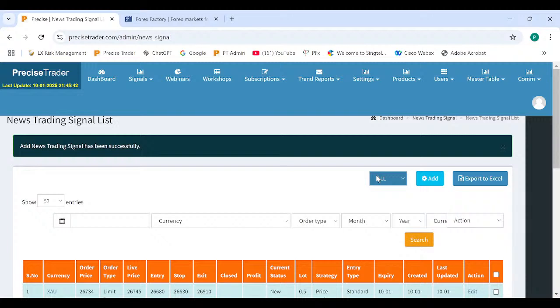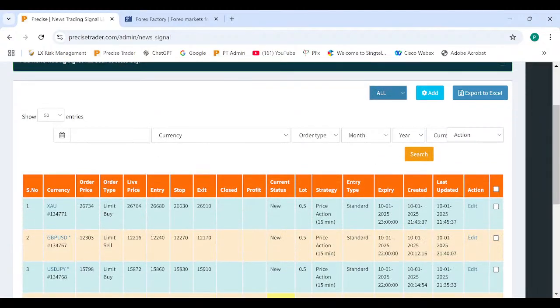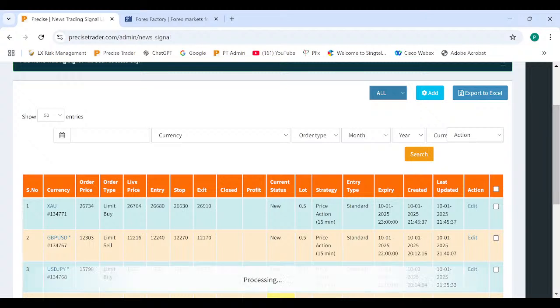Okay, 76 breaks, and now we are seeing 77. The next barrier would be 80 half. So let's see whether the 80 half is cleared or not.